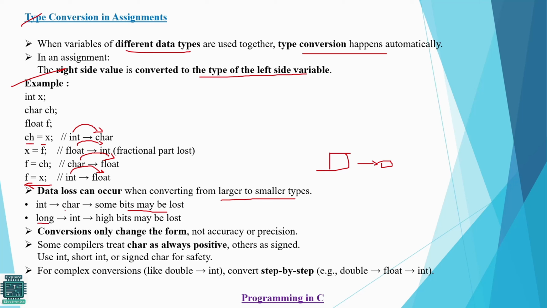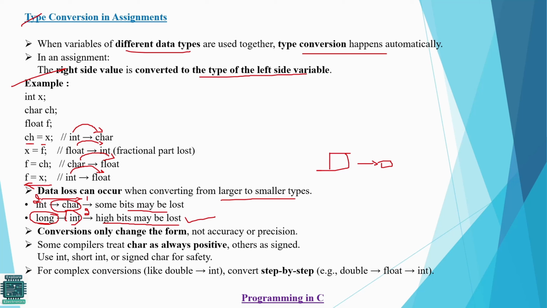Here the char storage size is 1 and for int it is 2. Now it is coming from 2 to 1, so some bits may be lost. For long to int, the value is too big for 2 bytes, so the high bits may be lost; the chances are higher in this situation.